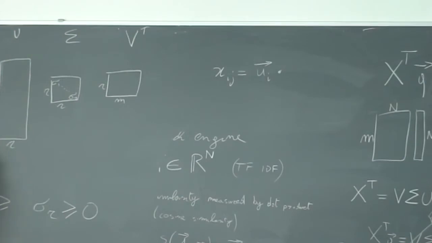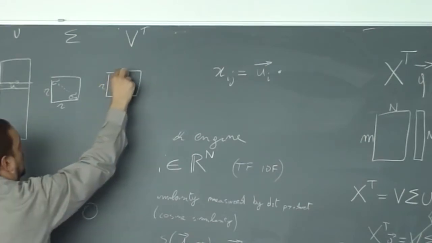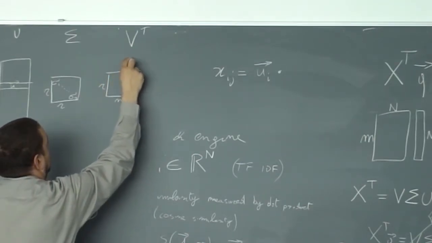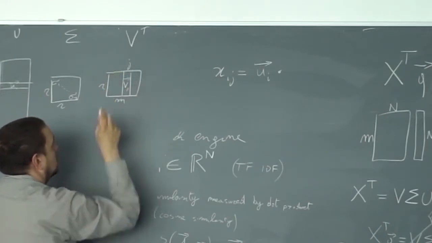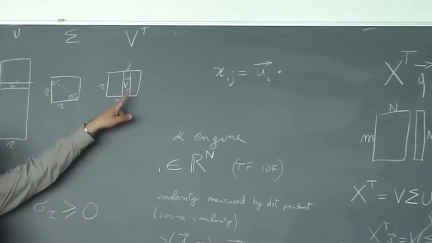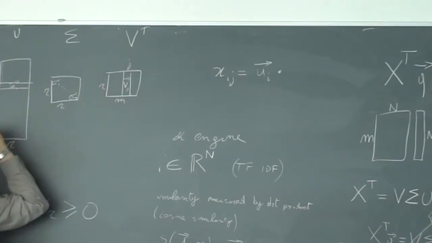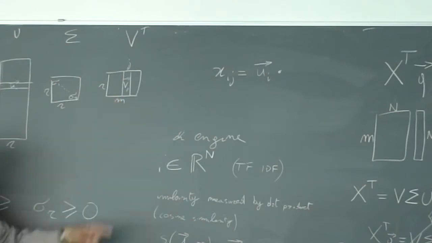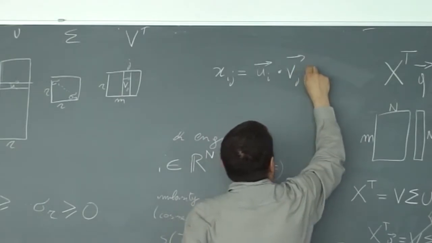If this is xij, you get it by considering the ith row of U, Ui, and the jth column of Vt, let's call it Vj. Why do I call it Vj? Because the jth column of Vt is actually the jth row of V.